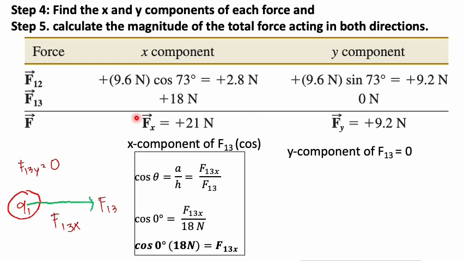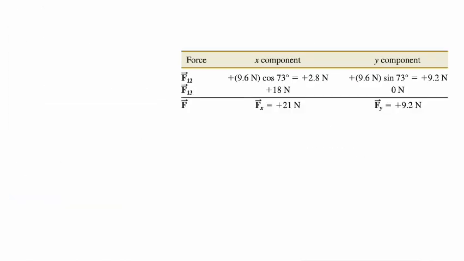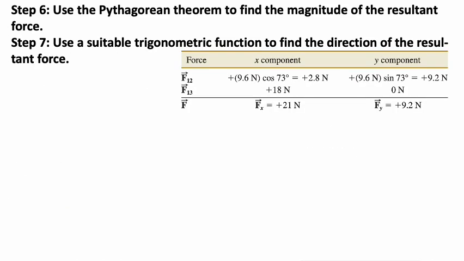So, since we already have the components, we can now get the value of this resultant vector. To get the magnitude of the resultant force, we are now going to use the Pythagorean theorem. So, we can draw it out now. Just a representation.